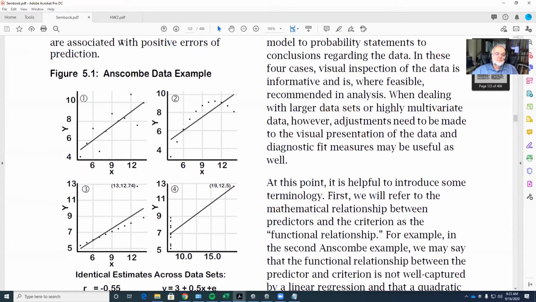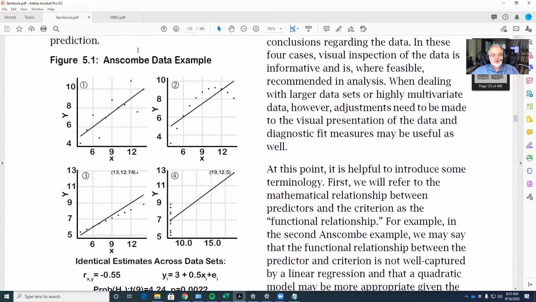This is a little magic trick that I used to use in lecture. I would say, a researcher did a study and they found an X and a Y, and they found that the correlation across all 4 studies was -0.55, and the unstandardized regression weights and intercepts were identical across the 4 studies.